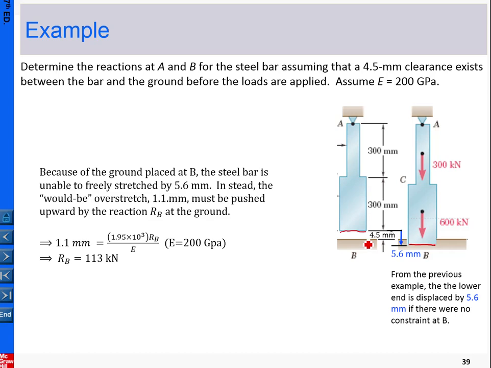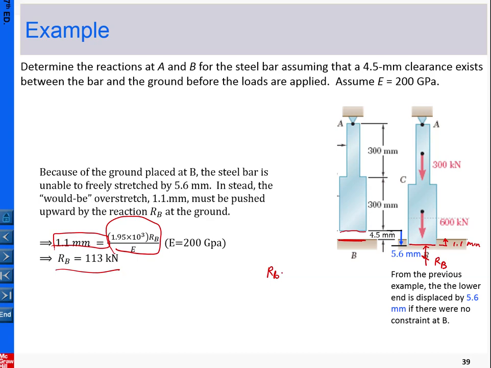However, because of the given constraint, we should expect reaction force RB exists, and the role of RB is to push back by this amount, maintaining it once B touches here. So RB times the whole term pushes back by 1.1 millimeters. We formulate that here. From this equation, RB equals 113.